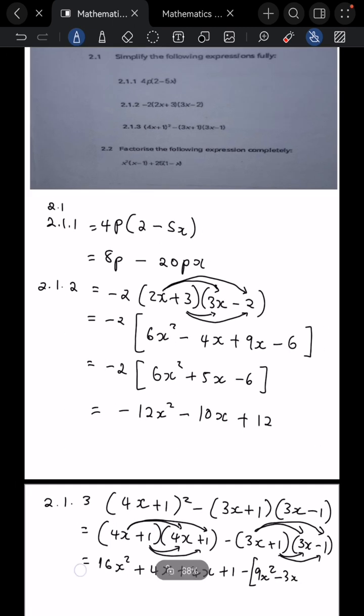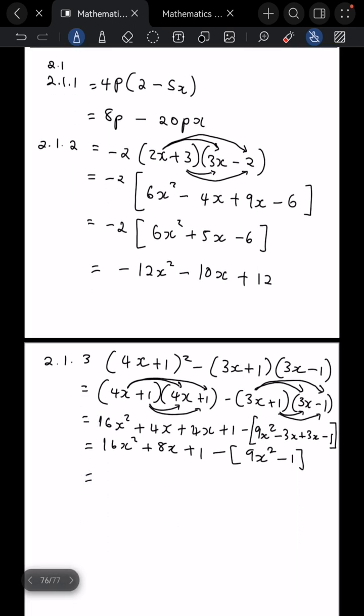And then 1 times 3x is plus 3x. 1 times minus 1 is minus 1. Big bracket. All right, we're going to go 16x squared, 4x plus 4x, 8x plus 1, minus bracket 9x squared, negative 3x plus 3x is 0, minus 1, bracket.